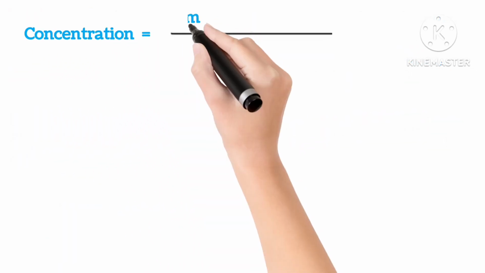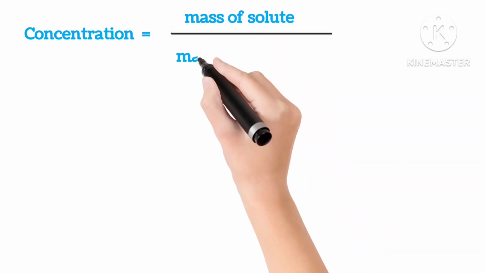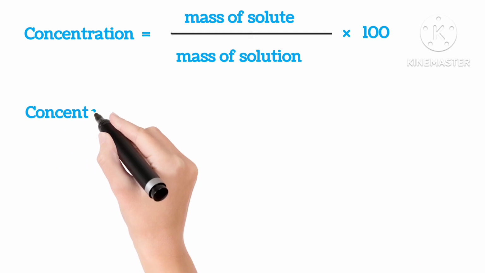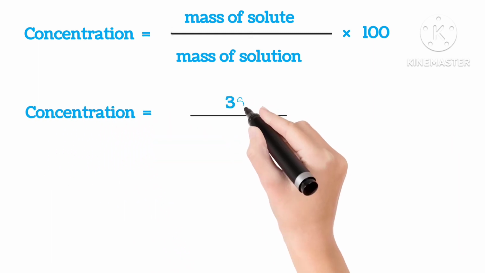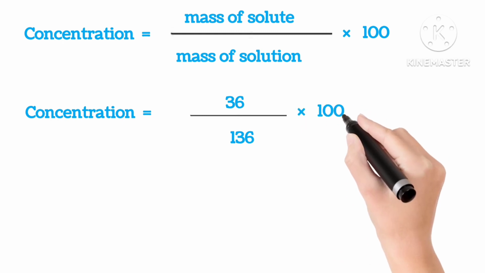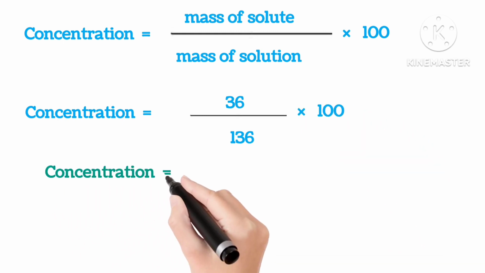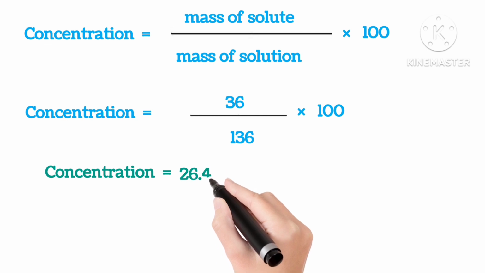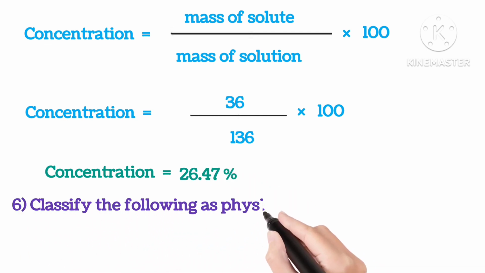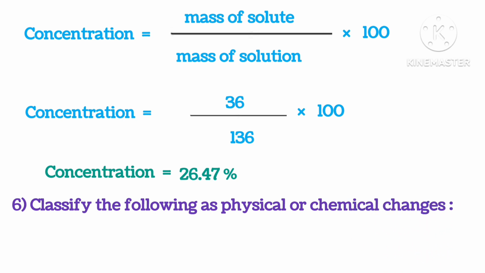So concentration is equal to mass of solute upon mass of solution into 100. Now putting the values, we get 36 upon 136 into 100, that will be equal to 26.47%.